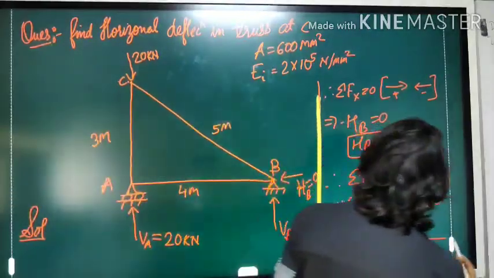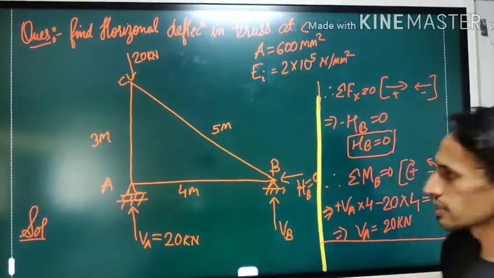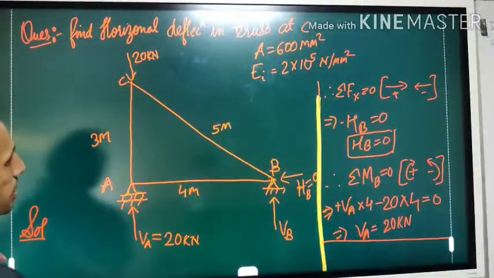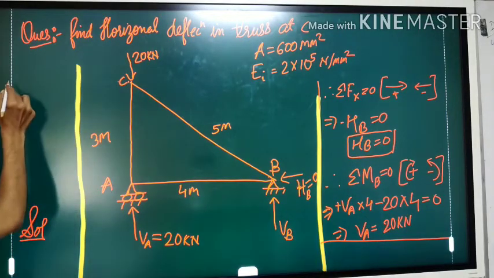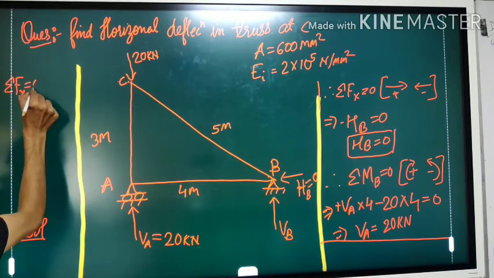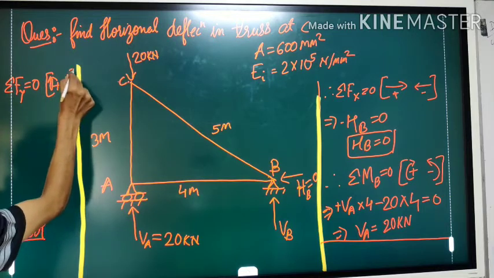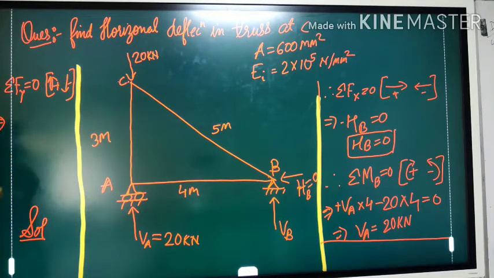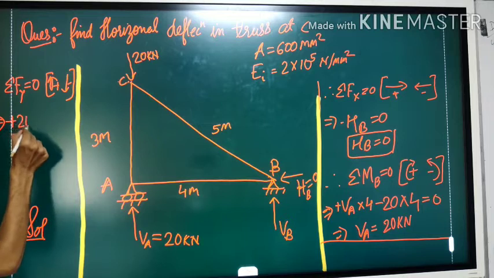Now you have calculated two reactions. So let's calculate another reaction also. Let's say I am writing the equation summation of forces in y direction 0. Sign convention upward positive, downward negative. Let's solve them. So what are the vertical forces? First one is VA. What is the direction? Upward. So positive 20.